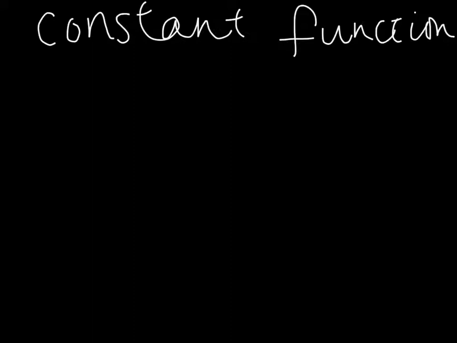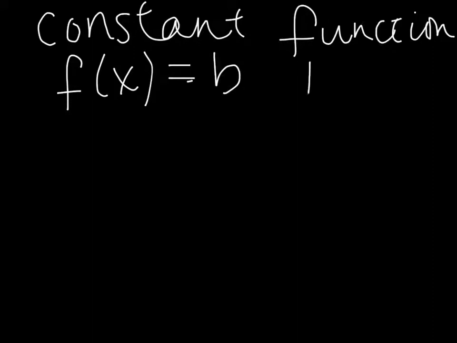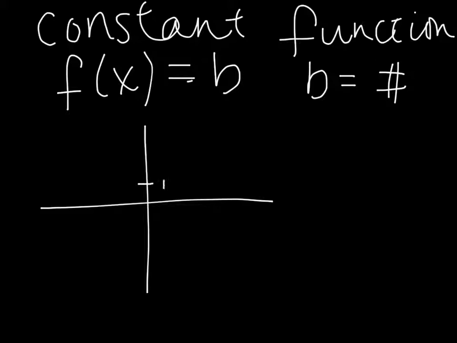So the constant function basically looks something like this. F of x equals b, where b is just a real number. So let's say we have a graph here, 1, 2, 3, -1, -2, and -3.